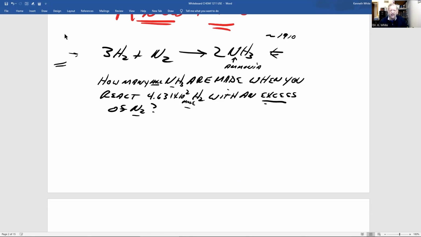Well, as soon as you say excess of a reactant, remember, these are your reactants. This is your product. You can forget about the nitrogen. I will. I like those hand signals. I forgot about you. All right, let's do this stepwise.